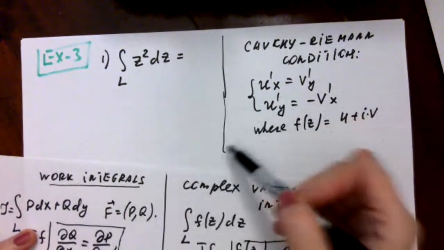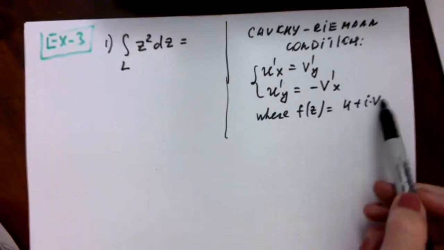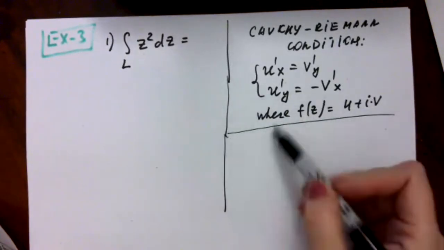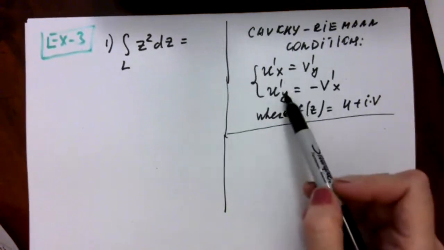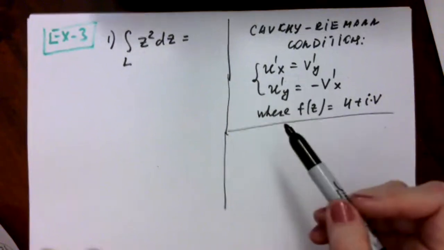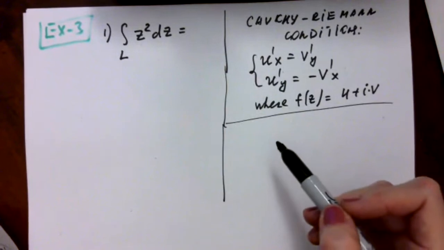So u was the real part of this function f of z, and v was the imaginary part. But you know what? It's not very easy to check it. If you get a lot of experience, there's no problem. But is there any shortcut or quick way to determine if your function is analytic or not?